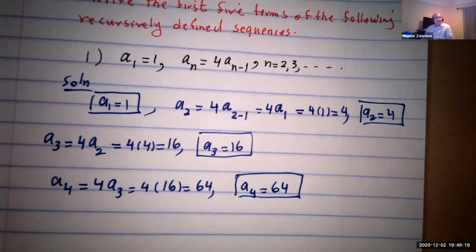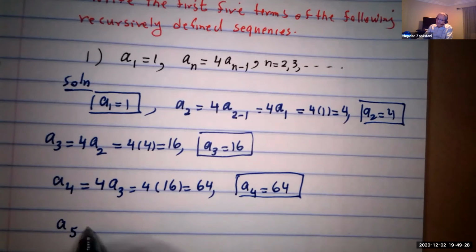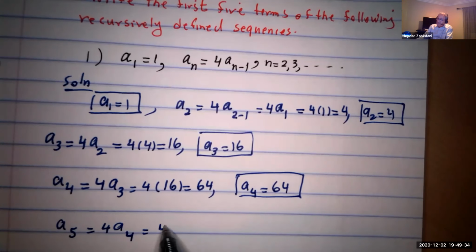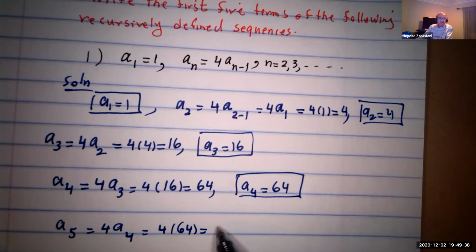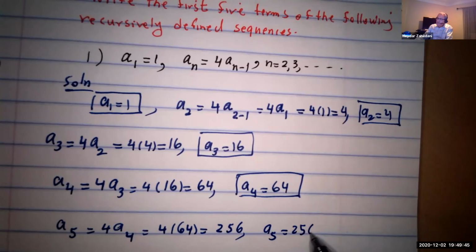That gives us a general idea, really, to be able to find the big formula, but we don't want it at this level. So a5 is 4 times a4. It's going to be 4 times 64, which would be 256. This is going to be the result.